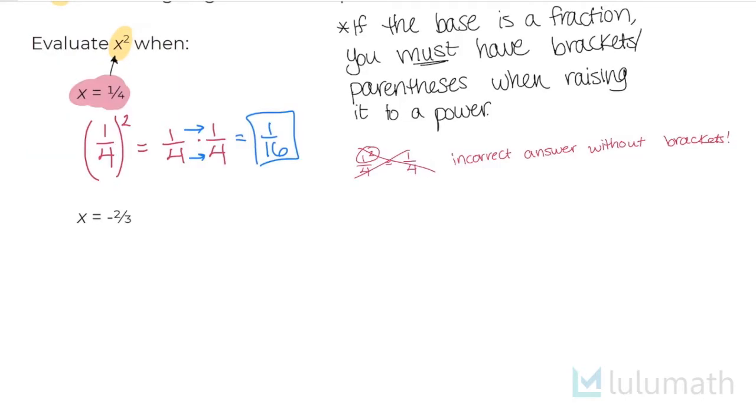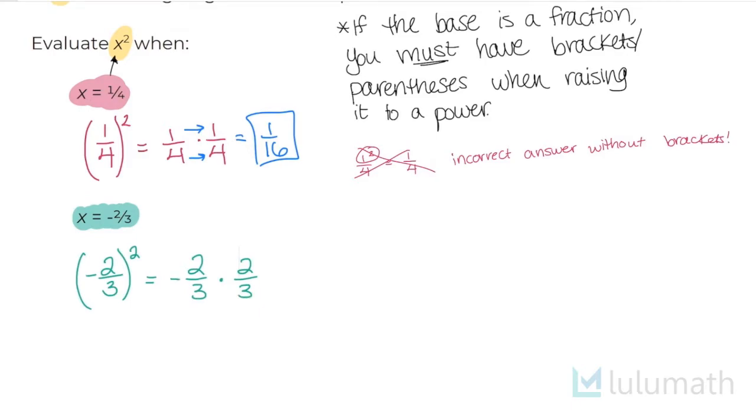Okay, now we want to evaluate x squared when x equals -2/3. So we're going to take -2/3 and we are going to square it. Now, because this is a negative and a fraction, even more reason that we need to make sure to have our brackets here. So what this means is I'm going to take 2/3 and multiply it by 2/3. However, they're both negative.